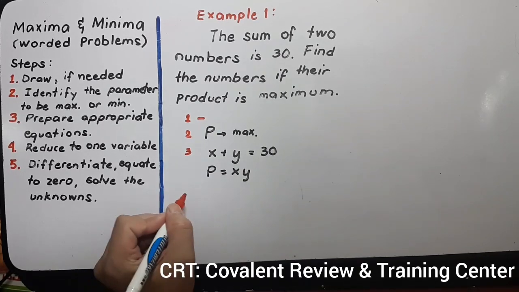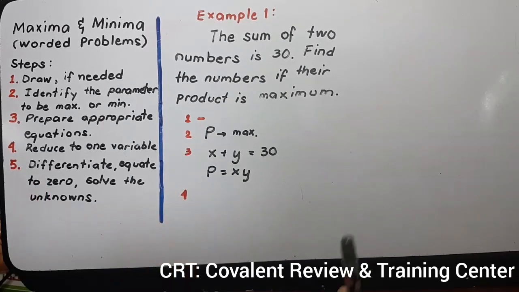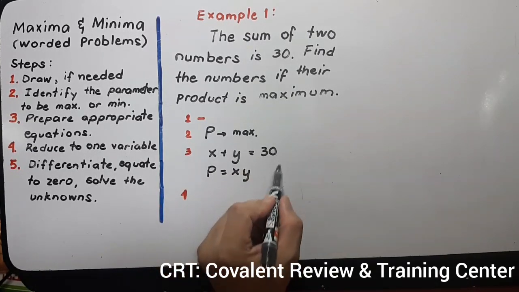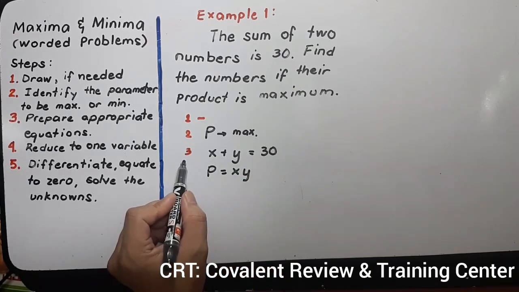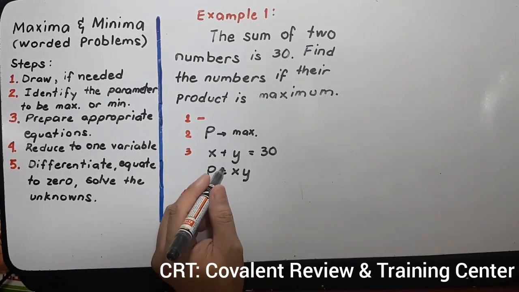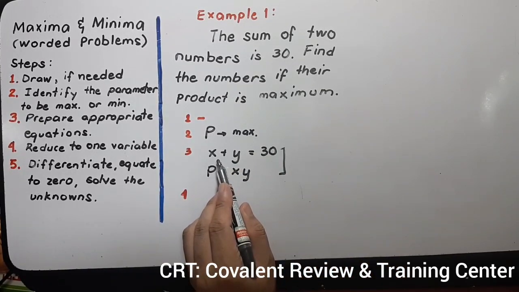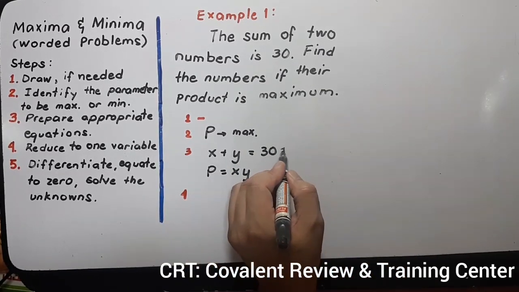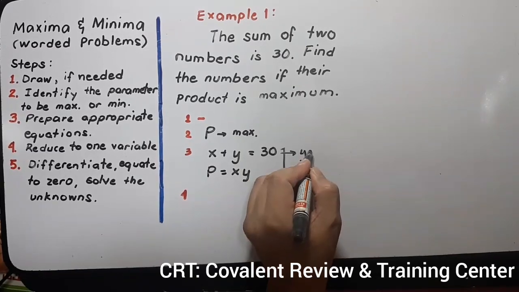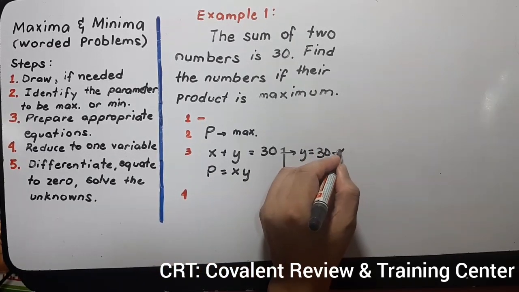Step 4, reduce to one variable. So we will reduce to one variable the equations from step 3. Here, we can get the equation for y. Y can be represented by 30 minus x.